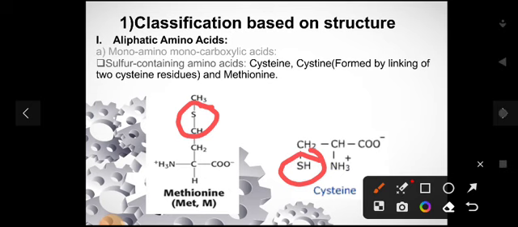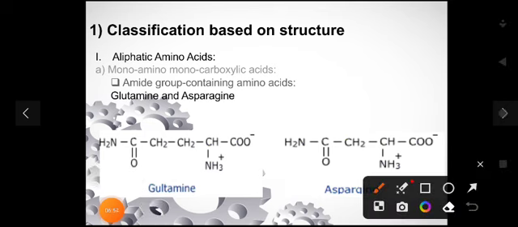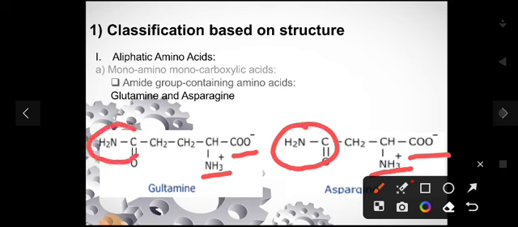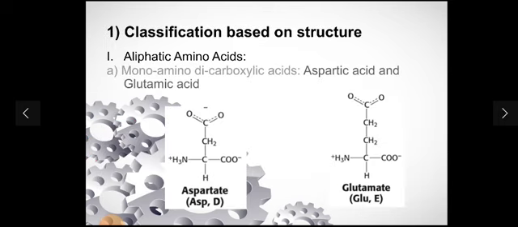So all these ones are sulfur containing. And then we equally have the amide containing amino acids. This one contains amide groups. And they still have one carboxylic acid, one amino group. Now look at the amide group. So these are the first class of amino acids.